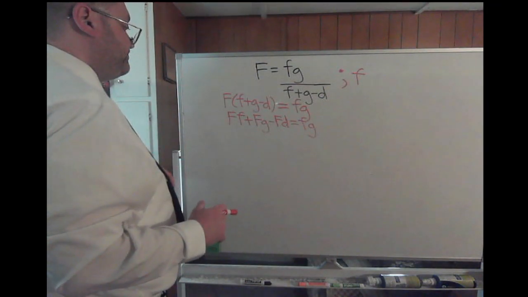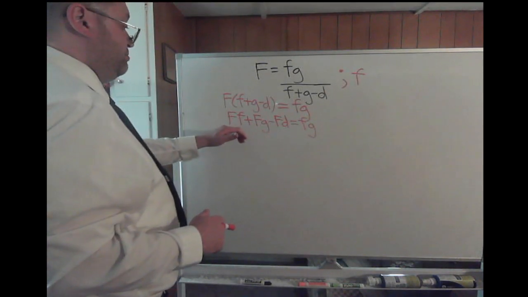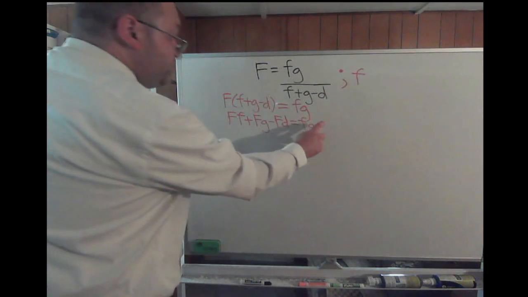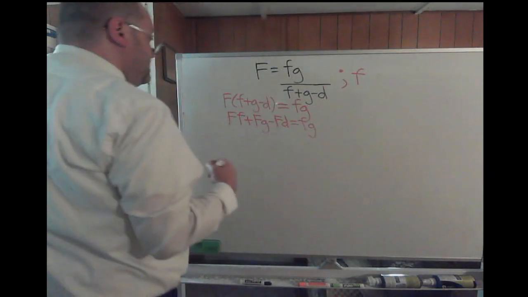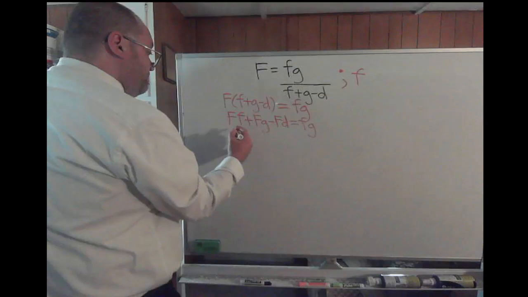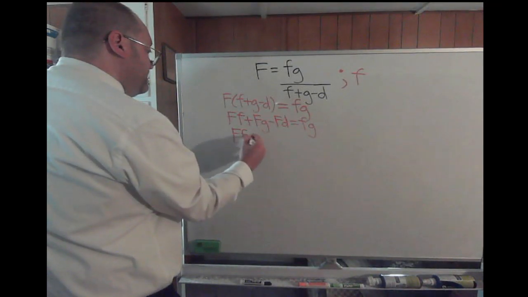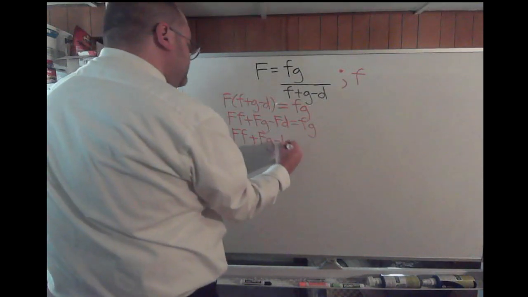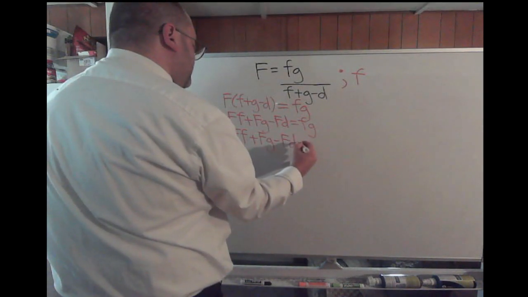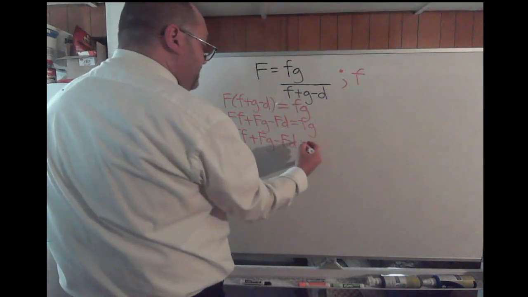If I were you, keep your lowercase f term on the left side. Try to get your lowercase fg term to the left side also. So we're going to take uppercase F lowercase f plus uppercase F lowercase g minus uppercase F d. We want to get the lowercase fg out of the right side, so that will go to 0.